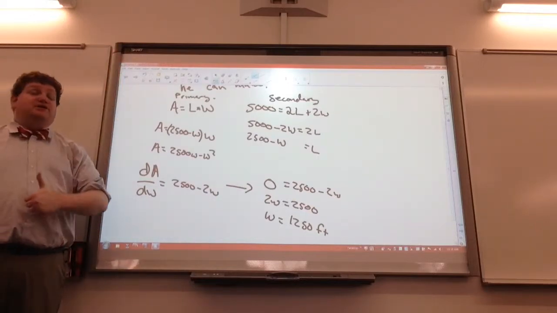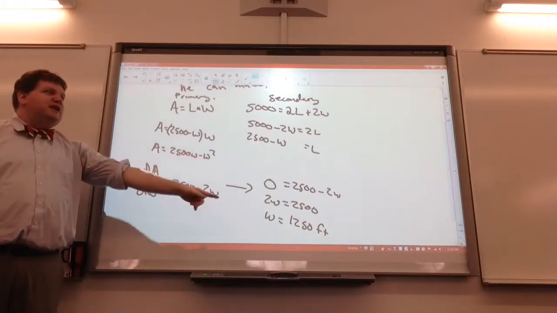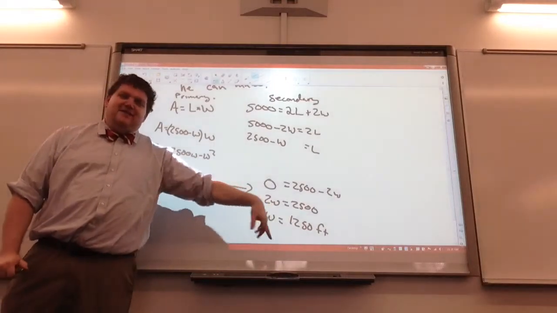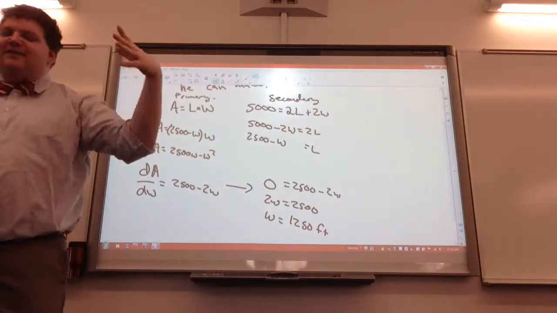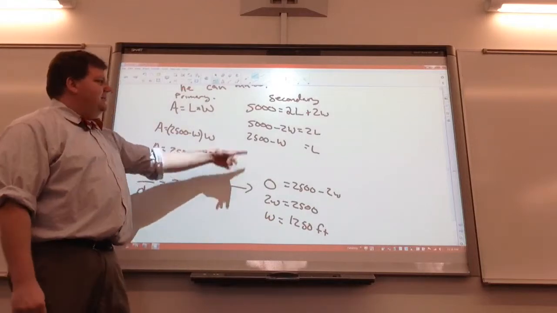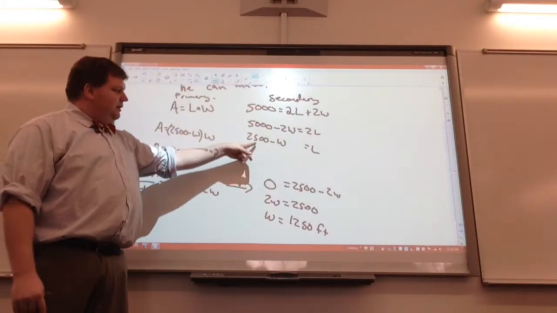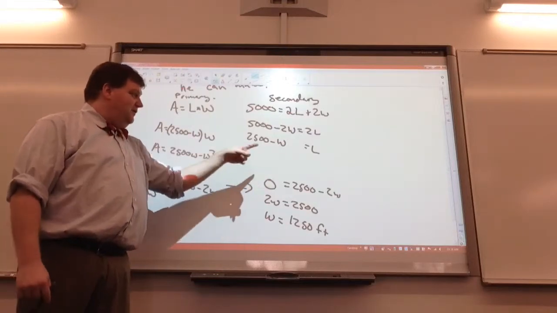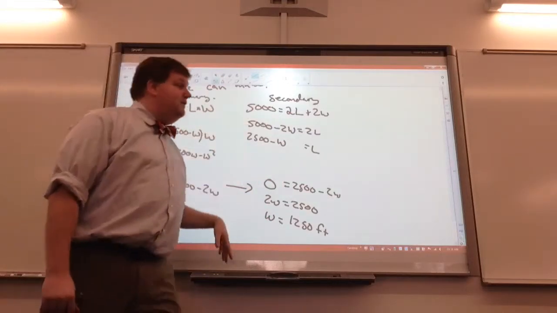Now we've got to figure out the dimension of the length, but it should be pretty easy. If the width is 1250, and this thing is supposed to be a rectangle, what's the length also going to be? 1250. If we plug 1250 back in up here to our secondary, 2500 minus W equals L. So that means 2500 minus 1250 equals L, which means L should be 1250 as well.